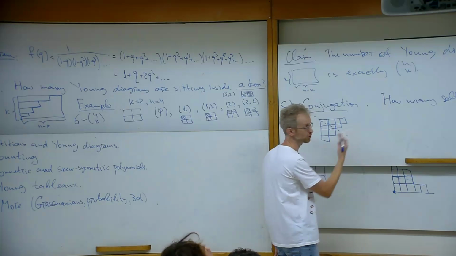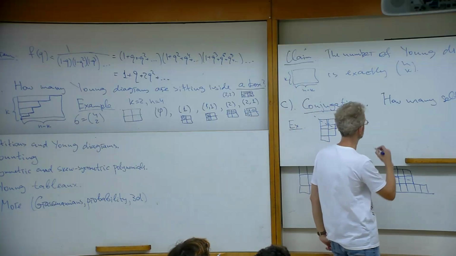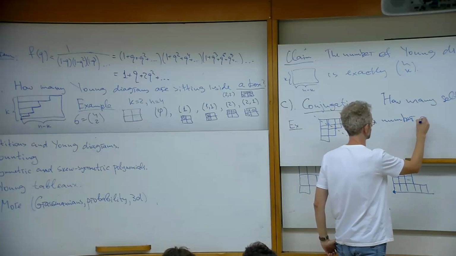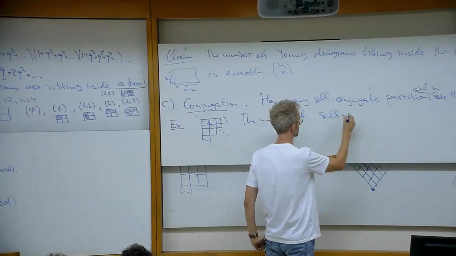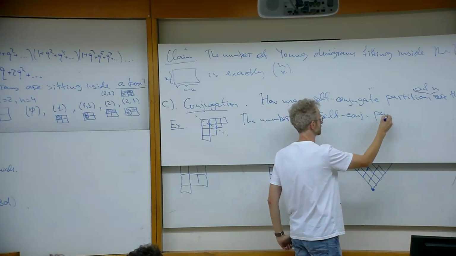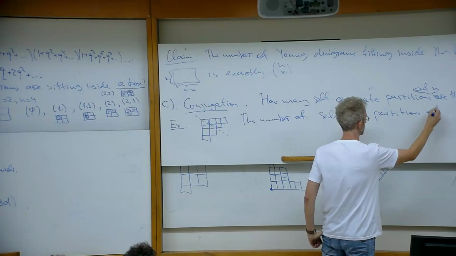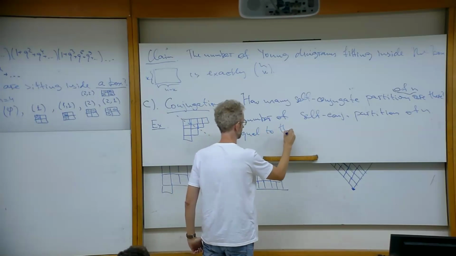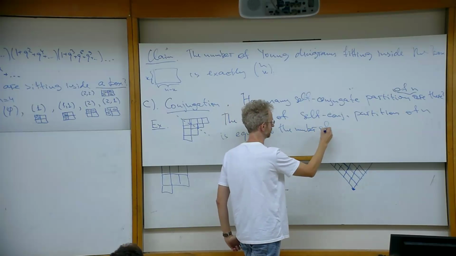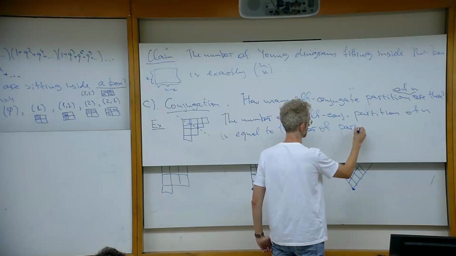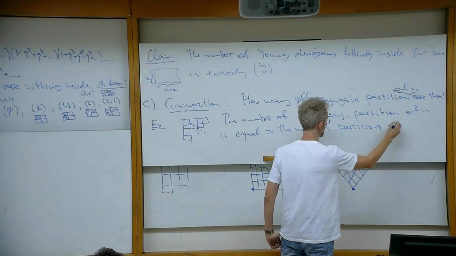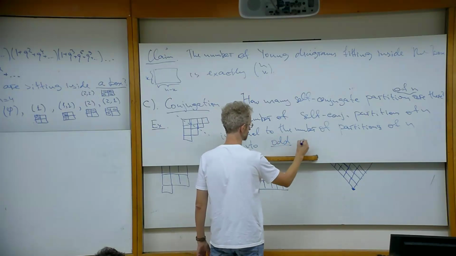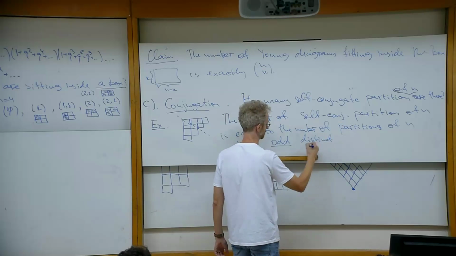So how to answer this question? So actually the statement is that the number of self-conjugate partitions of n is equal to the number of partitions of n into odd distinct parts.